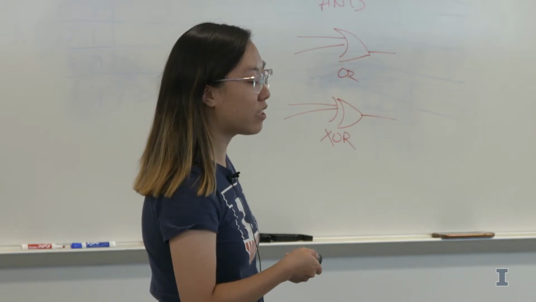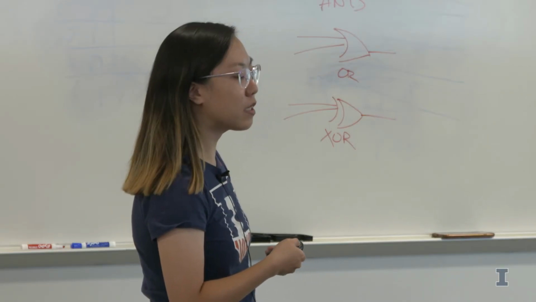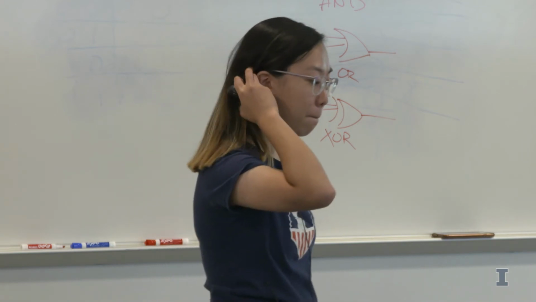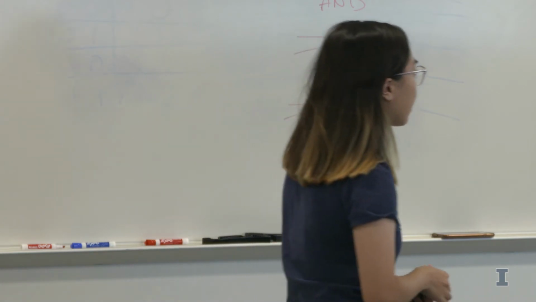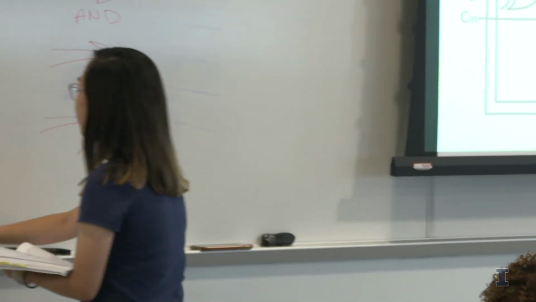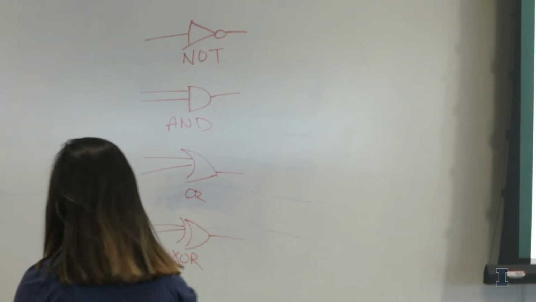I think the expression is written somewhere in the book, I think it's page 147. What you're looking for is the Cout, if you look for A exclusive OR B times Cin. I'll just write it on the board here.